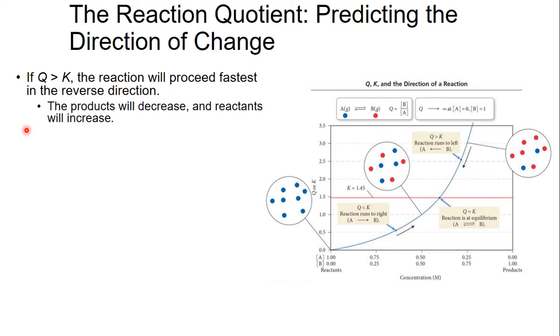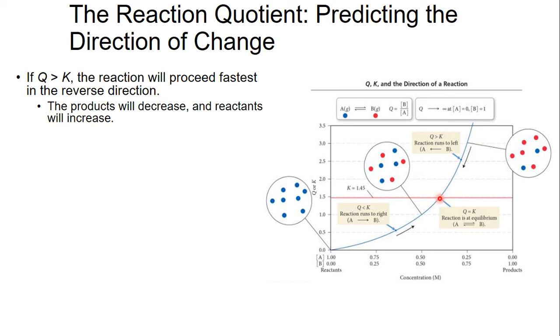That means we have a higher amount of products than we do at equilibrium. So our reaction will flow from the products to the reactants. It will flow in reverse.